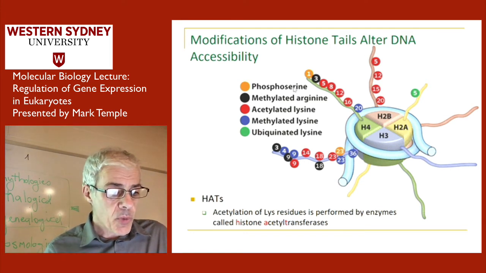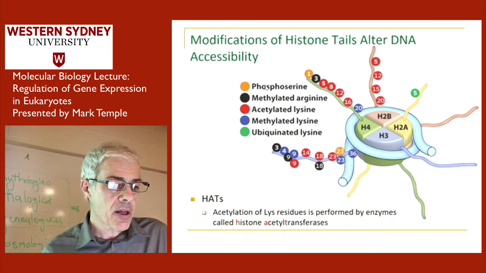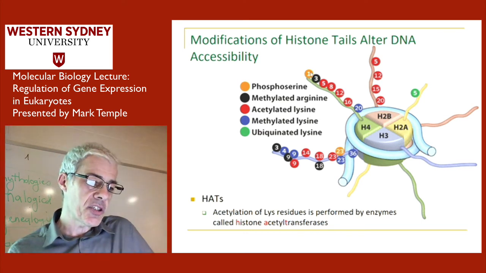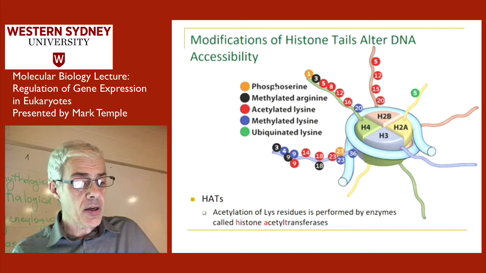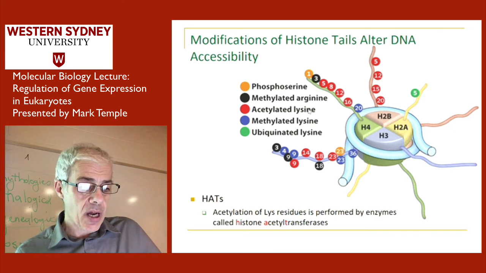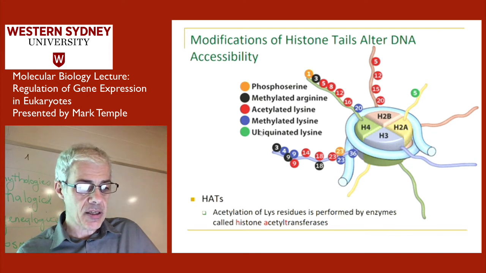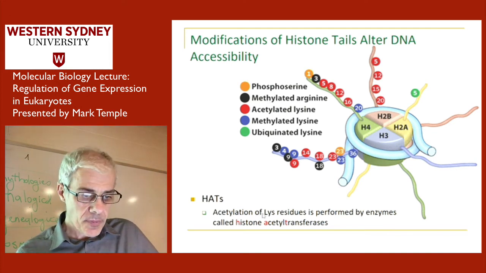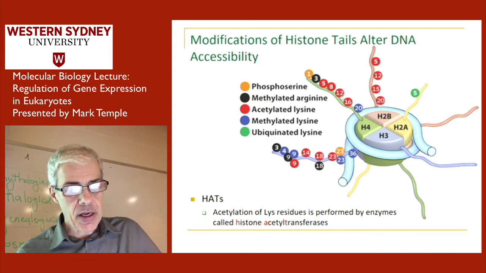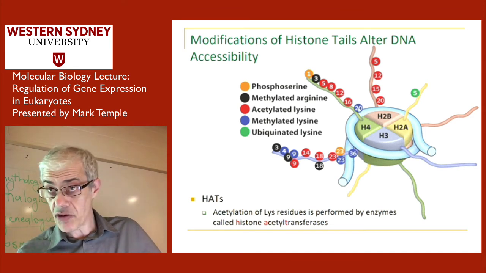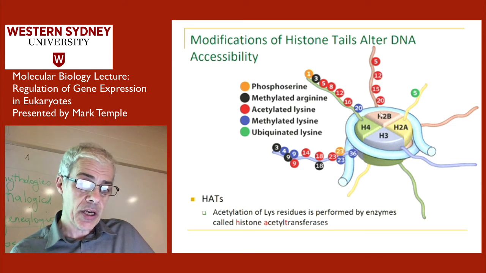There are other modifications listed in this cartoon as well. We've got your typical serine residue that's been phosphorylated, and then other lysines and arginines that have been methylated or have some other modification. But predominantly, the one we'll talk about because it's the most common is the acetylation of lysine residues on these histone tails, shown by these red dots here.